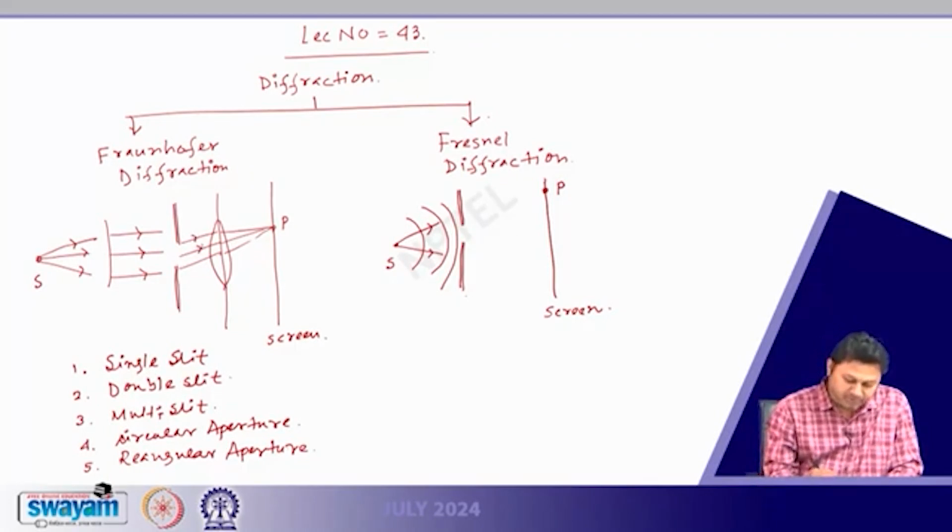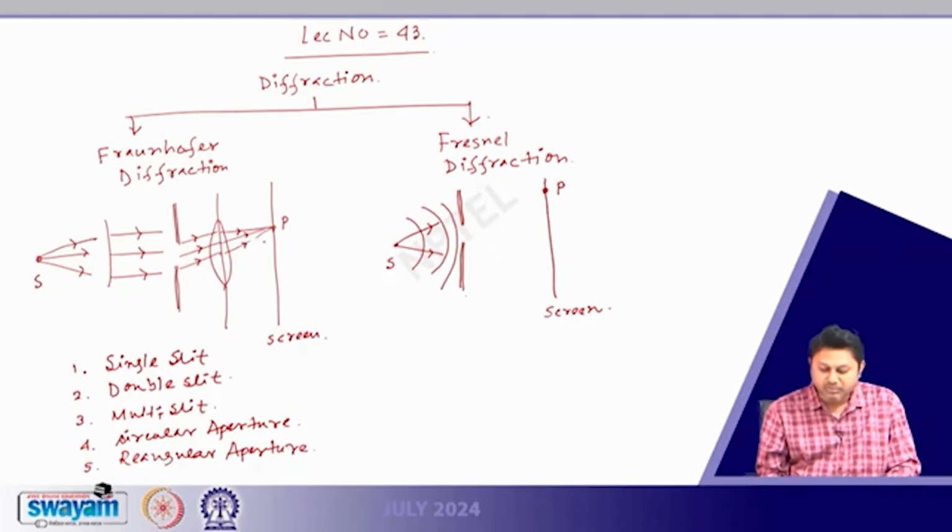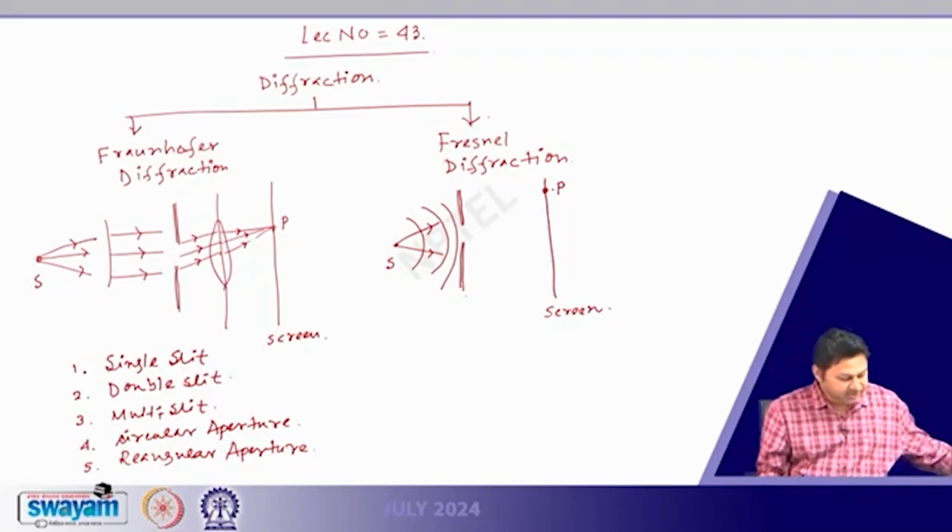So, before doing a problem in Fresnel diffraction, we try to develop the theory and the background mechanism to get the intensity at this point P. So, let us start with that.